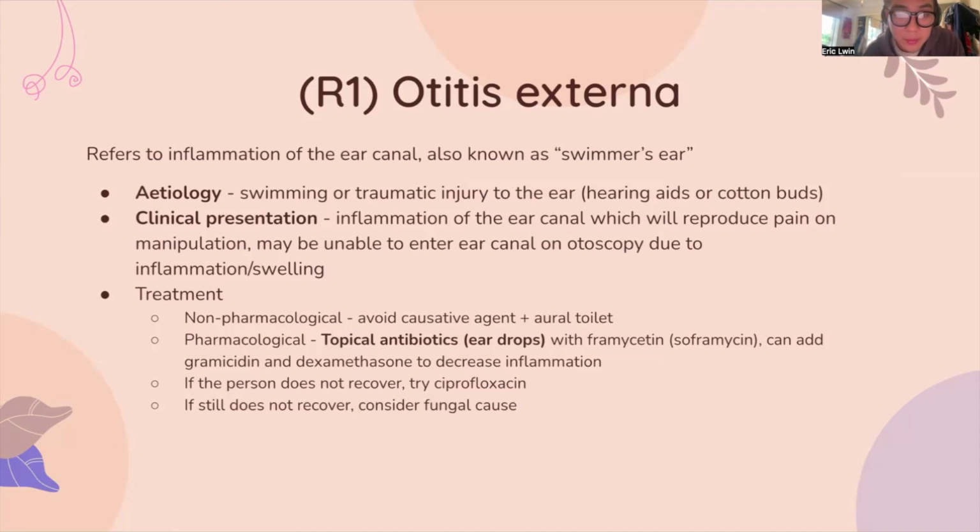Pharmacologically, you can prescribe topical antibiotics in the form of eardrops with framycetin or sulfamycin. You can also add gramicidin and dexamethasone, which is a steroid to decrease inflammation. I didn't include it here, but typically these come as a combined therapy. I forgot the name for it, but you'll be able to find those online.